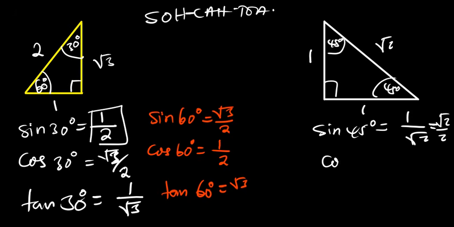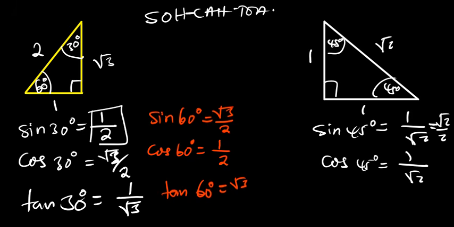Then we also have cos 45 degrees. Cos is adjacent, and adjacent is 1. Hypotenuse is still root 2.